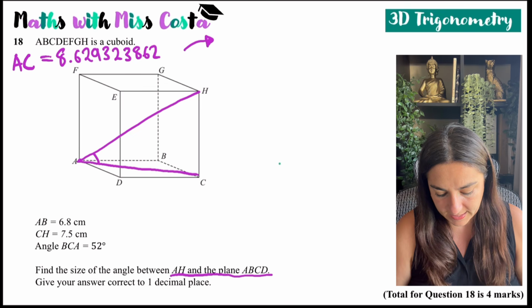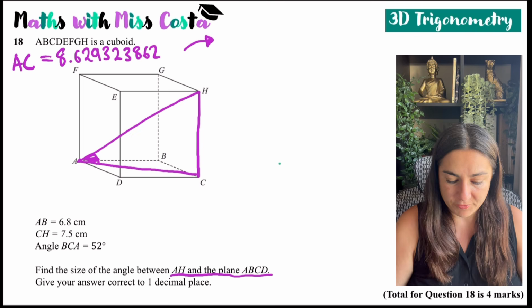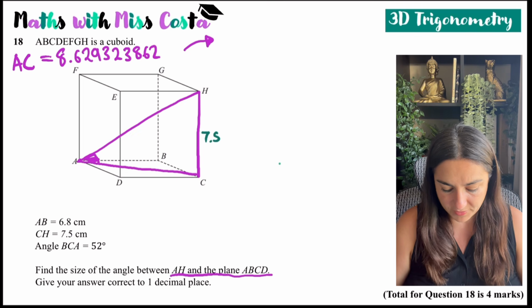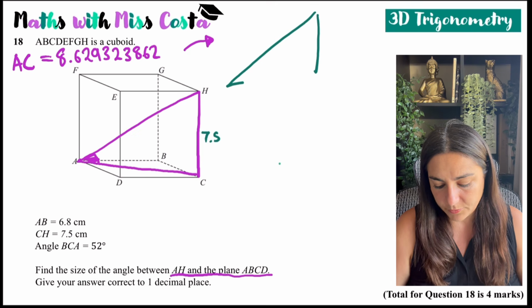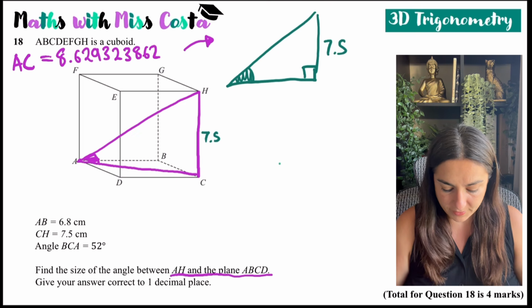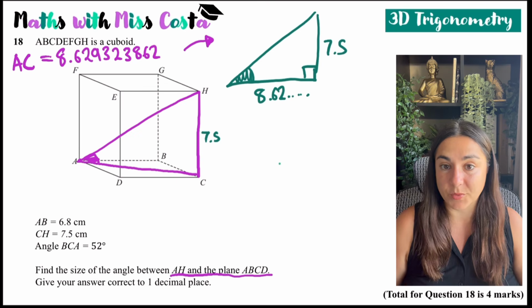It would be over here, and then the right angle triangle would be here. They've told me that CH is 7.5, so I know this value. If I draw out the triangle here, this is 7.5. This will be my right angle. This is the angle I'm looking to figure out. And I also know that AC is 8.62, which I've just worked out.